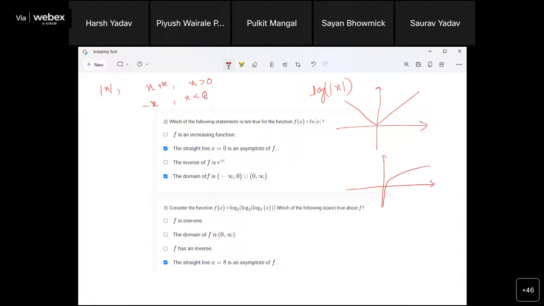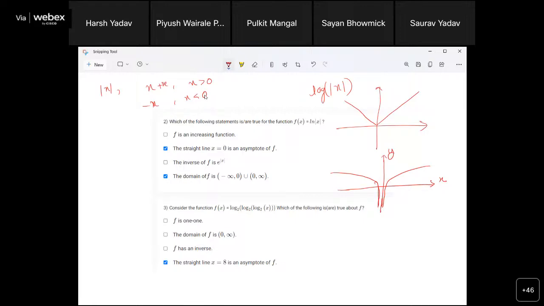This is y, this is x. And what about the left-hand side when it is minus x? It would be its mirror image, right? It will not touch this y-axis. It would be very close, but it won't touch.